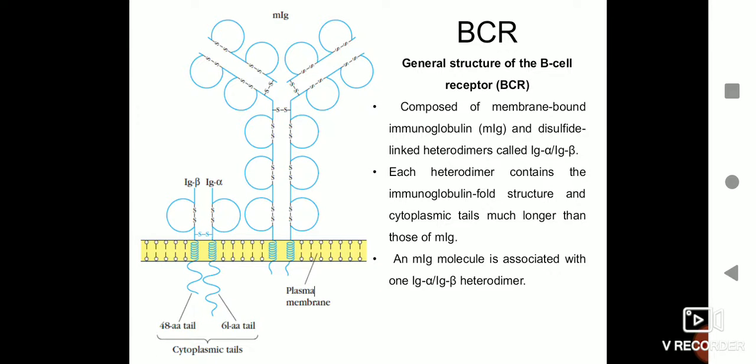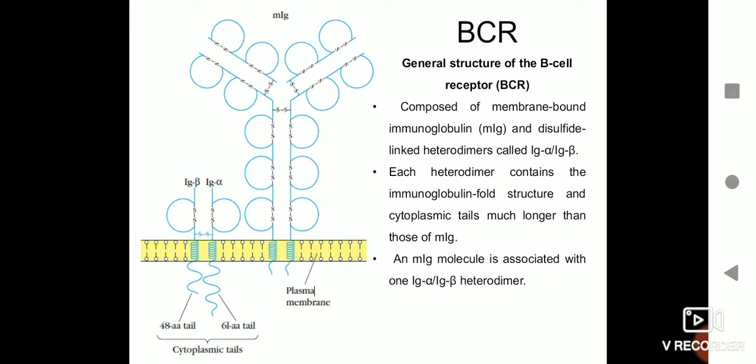Coming to B cell receptor, as you have already understood, just like the T cell receptor, the B cell receptor also has a variable region as well as a constant region, followed by the transmembrane region and the cytoplasmic tail. What you are seeing here is a general structure of a B cell receptor. It is composed of a membrane bound immunoglobulin, which is represented as mIg. And it also has disulfide linked heterodimers called Ig alpha, Ig beta.